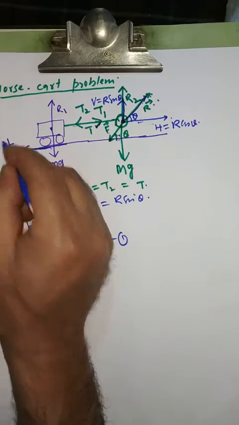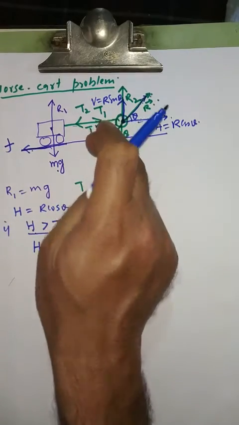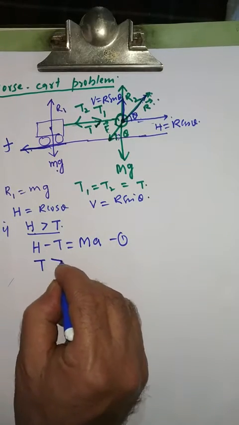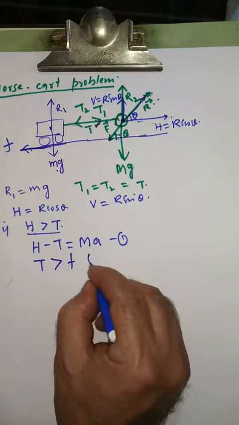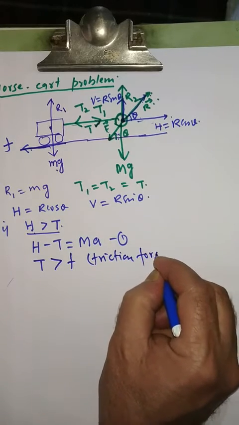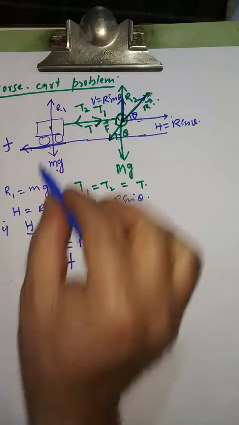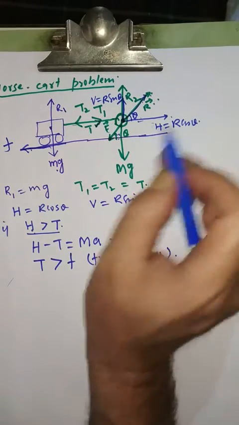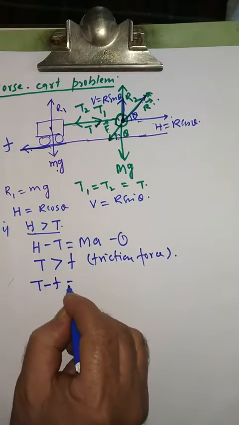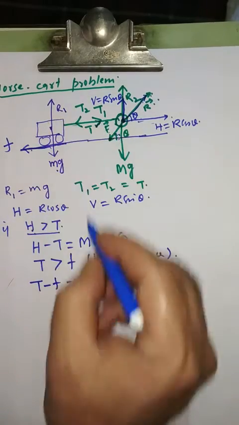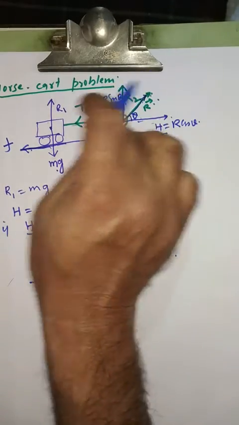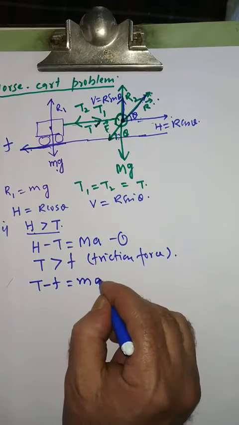Let us say that is F. If this tension T in the rein or this string is greater than the frictional force, then this cart will move forward. That means T is greater than F. It means T minus F must be equal to the force producing acceleration in this. That is, its mass is m, and the acceleration will be common to both, so T minus F equals ma.